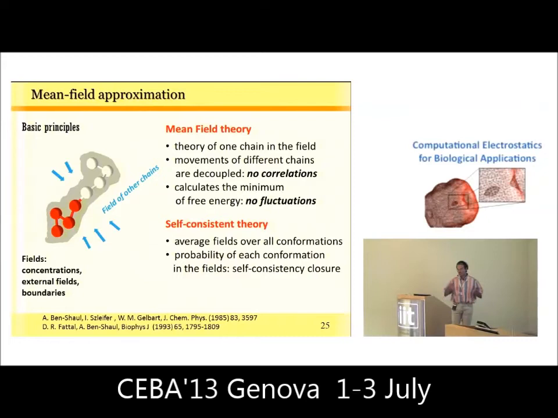And so instead of calculating interactions of this molecule with the surrounding molecules, you consider that the surrounding molecules form a field, and you calculate the interaction of each bit of this molecule with this field. And the fields are calculated on the basis of probabilities of each conformation.